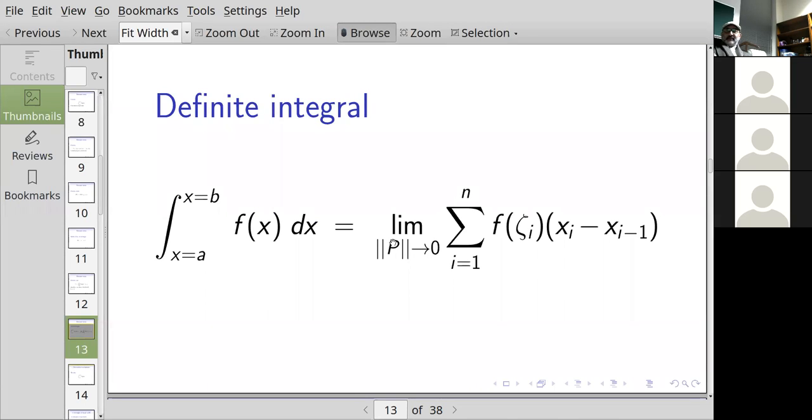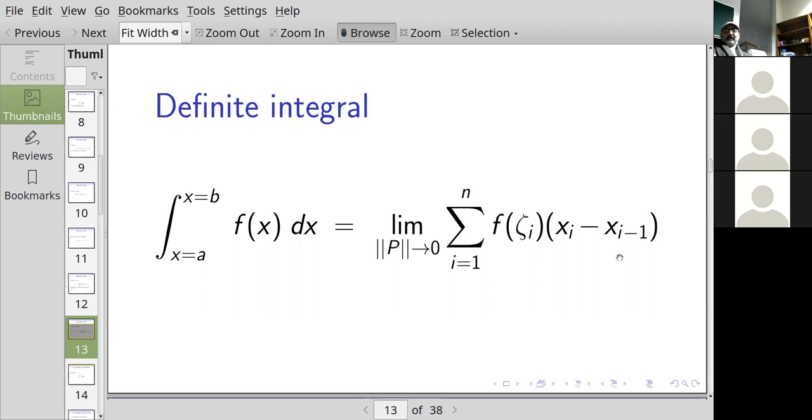That's the same as the limit as the number of rectangles goes to infinity. So the limit as n goes to infinity of the summation i equals 1 to n of the areas of the ith rectangle, which is f of zeta i times delta i. Now, yeah, there's a question?